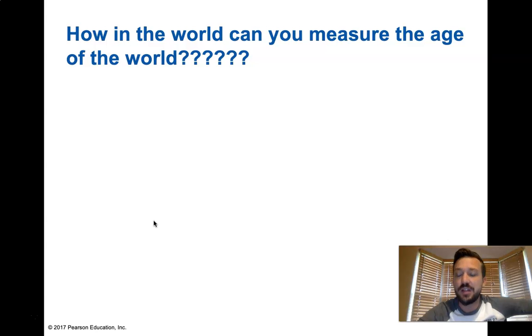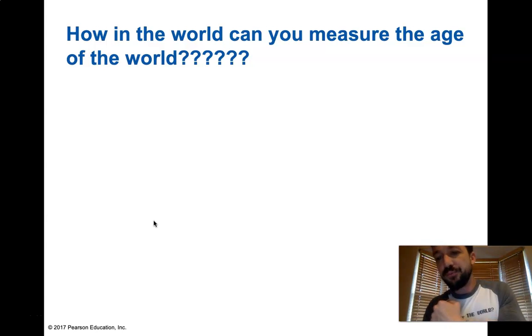4.5 billion. Okay, so first, let's talk about how do we figure out how old fossils or bones that they find are? How do we figure out how old these things are? We do something called radiometric dating. And what that means is, in our bones right now, we have something called carbon-14.